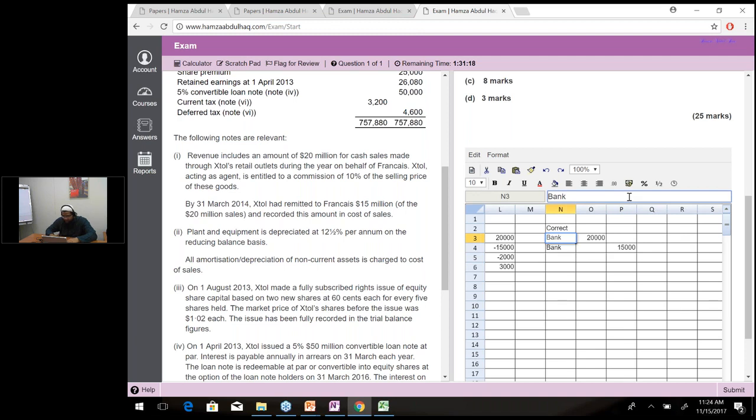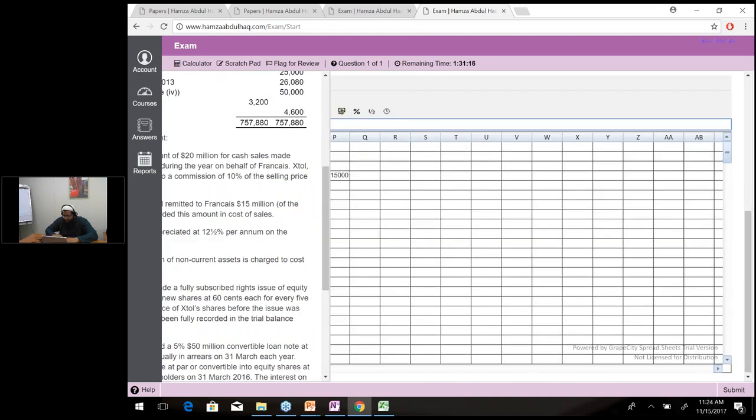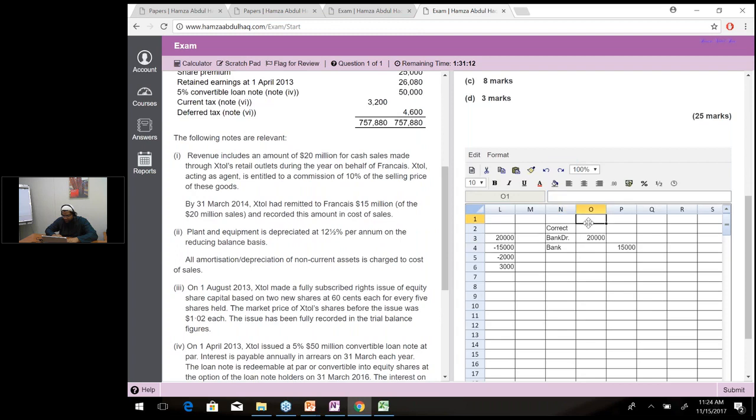The bank that we have received, debit by 20,000, the amount that we have paid credit by 15,000, revenue credit by 2,000, and payable credit by 3,000.